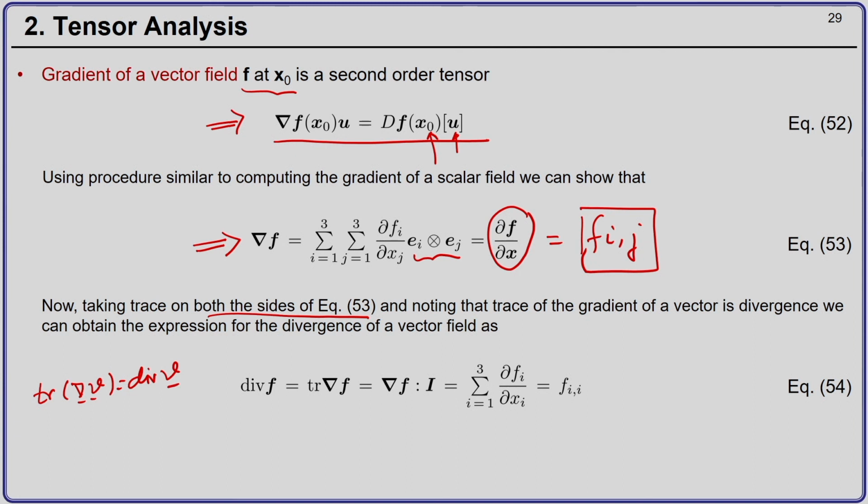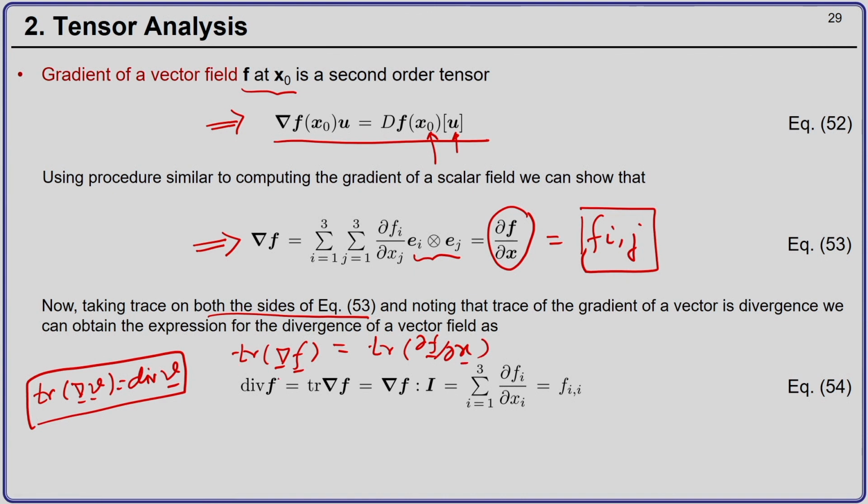This is an identity that we use. So, the trace of the gradient of the vector field f is nothing but the trace of del f by del x.